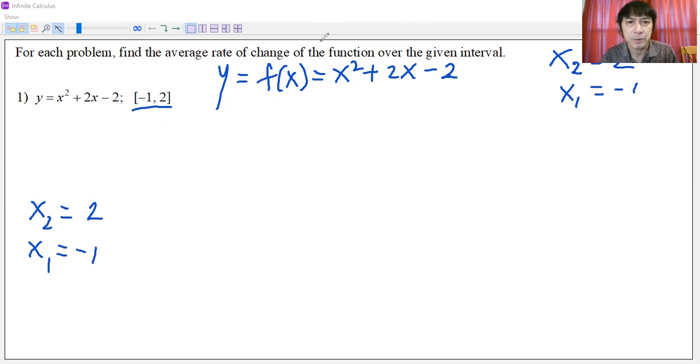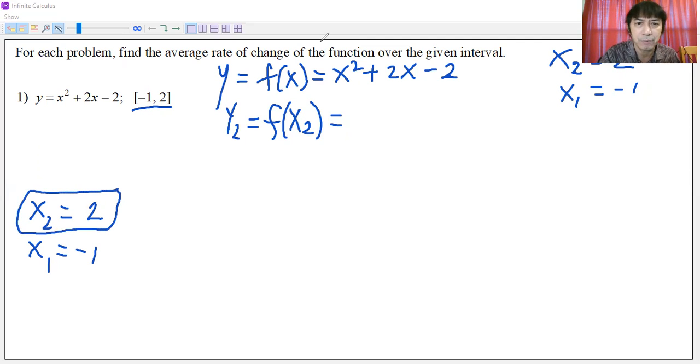Okay, so in the formula, we need to get y2, and that's what we need in the slope, the average rate of change of the function. And so we can write here y2 is equal to f of x2, and this is supposed to be equal to f of 2, because our x2 is right here.